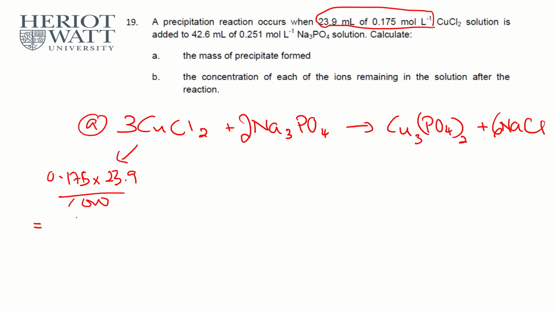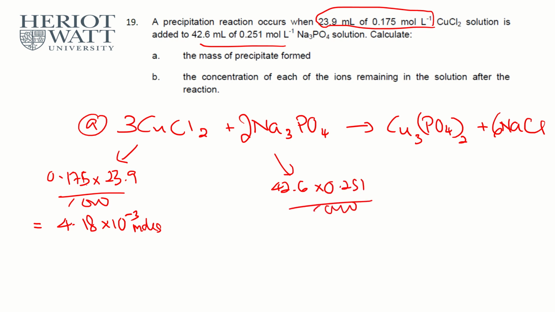You will get the answer as 4.18 times 10 to the power of negative 3 moles. Okay, and what is the mole of sodium phosphate? This is the information. 42.6 times 0.251 over 1000. Then you will get the mole here, 0.0107.